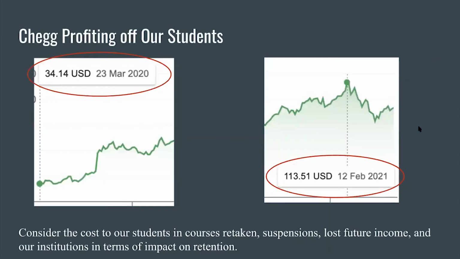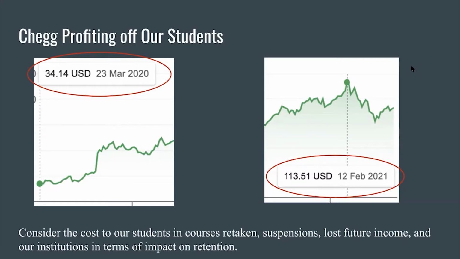So let's see how Chegg's doing out in the world financially. When the pandemic started, before we went online, the Chegg shares were $34. Revisiting a year later, $113. Chegg is doing very, very well on the backs of our students and the backs of our institutions.